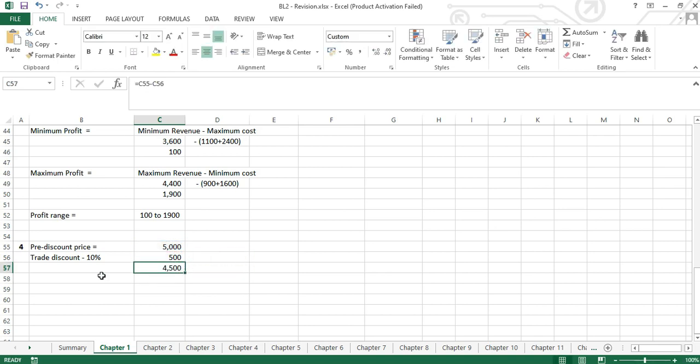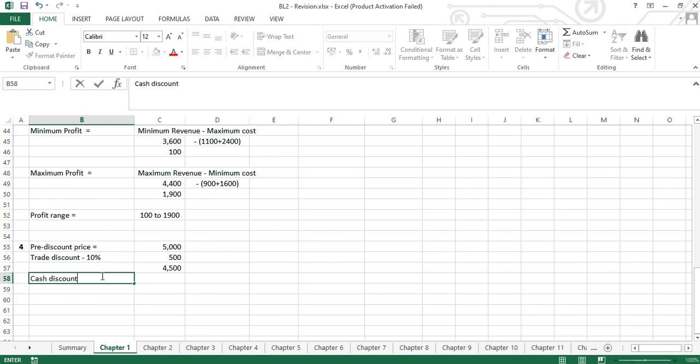Because trade discounts are not recorded in the books of original entry, as you've learned in accounting. That's the initial discount they give to encourage trade, but to encourage prompt payment, to make you pay the balance on time, they offer you a cash discount.